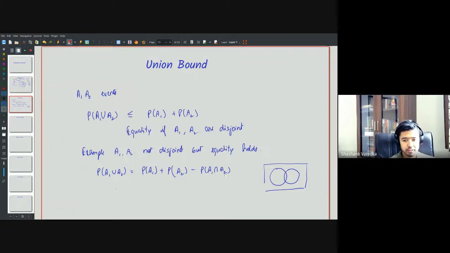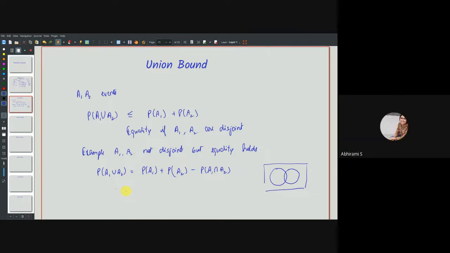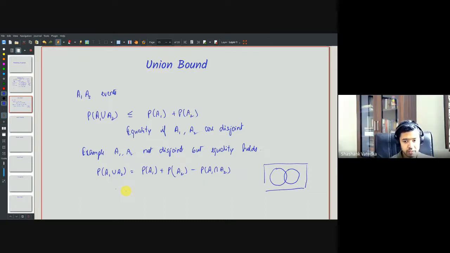What should the probability of A1 intersection A2 be? It should be 0, right? But just because the probability of A1 intersection A2 is 0, it doesn't necessarily mean that A1 intersection A2 is empty, correct?